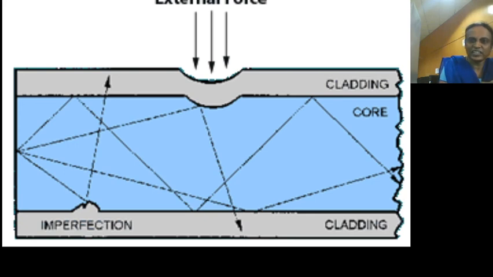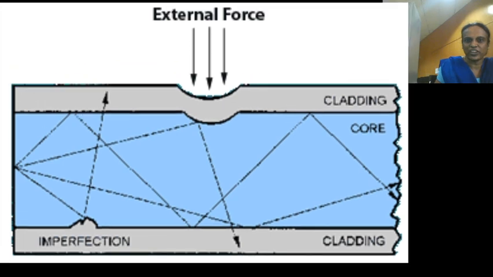If the light rays are incident from the input to the output, and strike that bend where external force has been applied, then an imperfection will occur. Why? Because the light rays will get scattered, as I told you. It can be a micro bend or macro bend loss, whatever may be assumed.